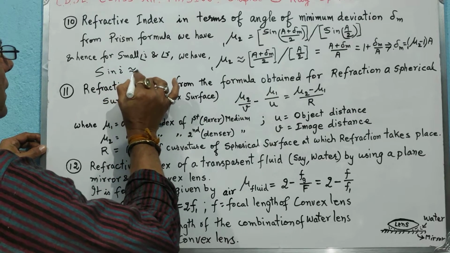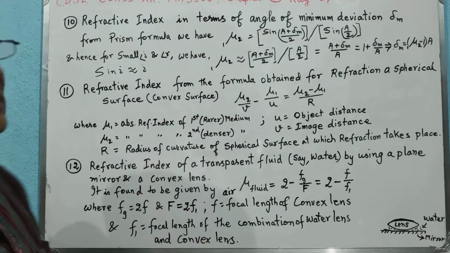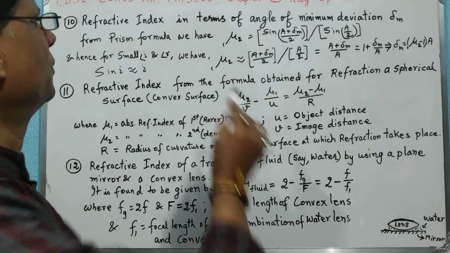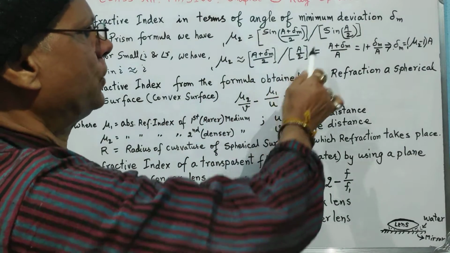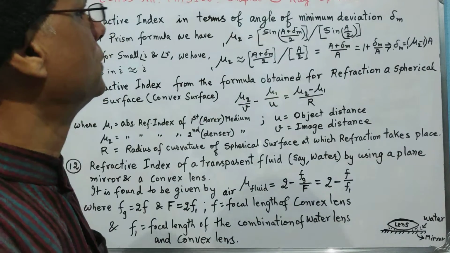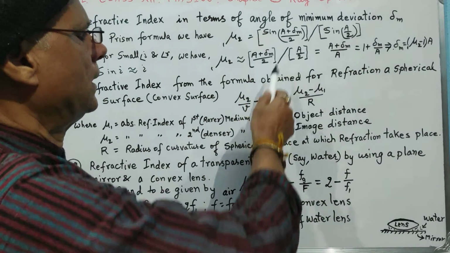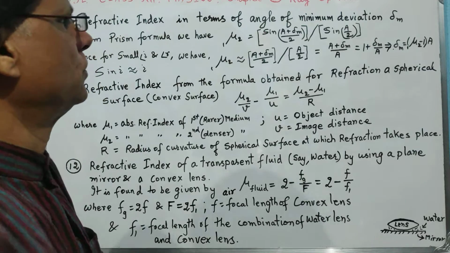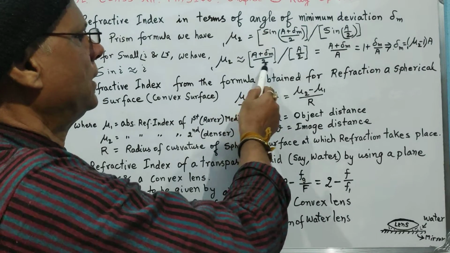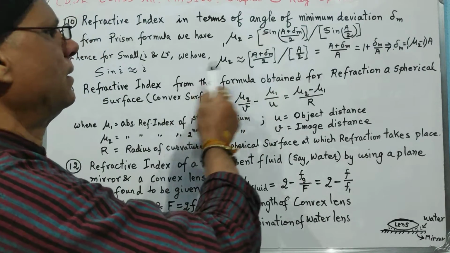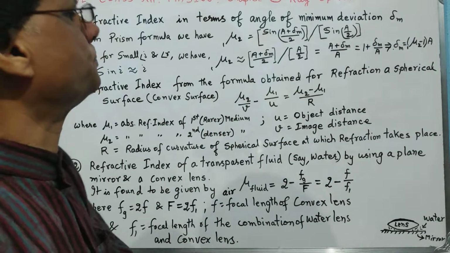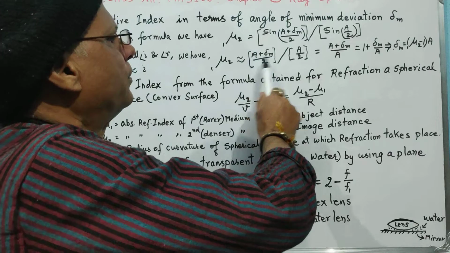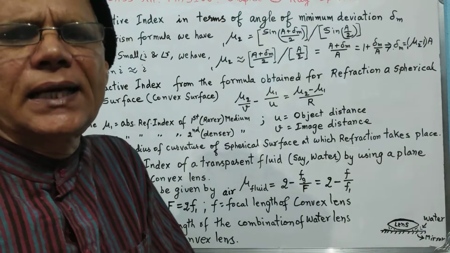Therefore, if you write mu21 is equal to sine (A plus delta m)/2 divided by sine A/2, that can be written as (A plus delta m)/2 divided by A/2. So here we are assuming that the angle of incidence and angle of refraction are both very small, and therefore it finally becomes (A plus delta m)/A.